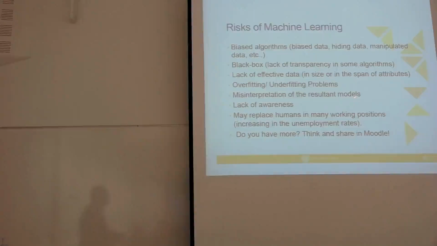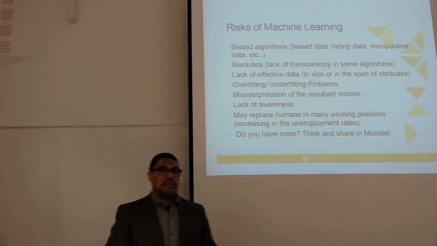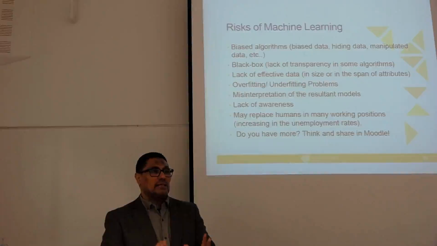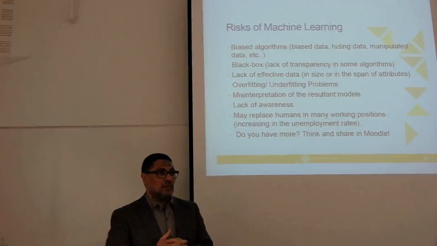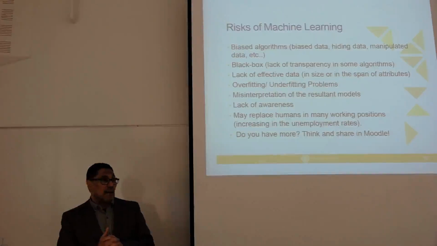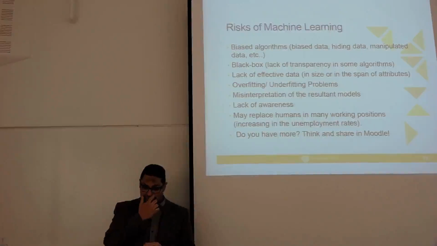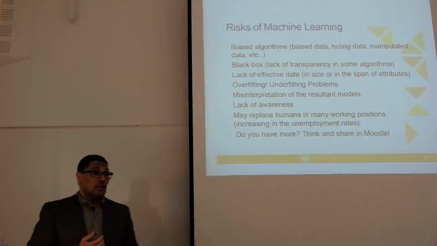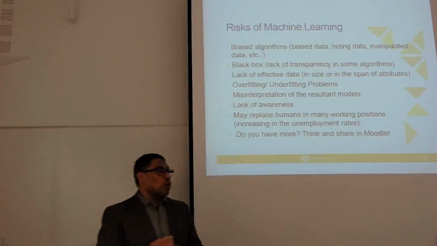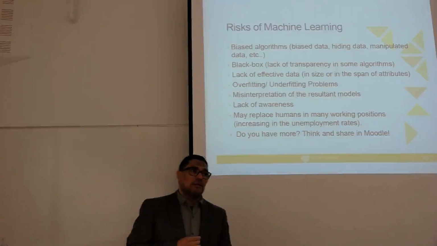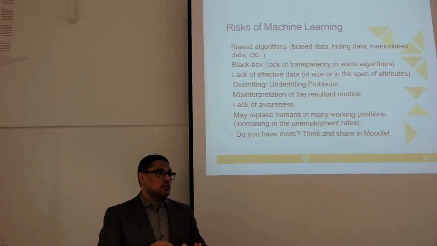Misinterpretation of the resultant models is another problem of machine learning algorithms. Then, lack of awareness. Machine learning algorithms can learn some situations, but they also react based on data without awareness. Everyone of us heard about the Boeing 737 MAX and the tragedy of Ethiopian Airlines. The sensor of the plane was giving wrong data, indicating that the plane was going up.